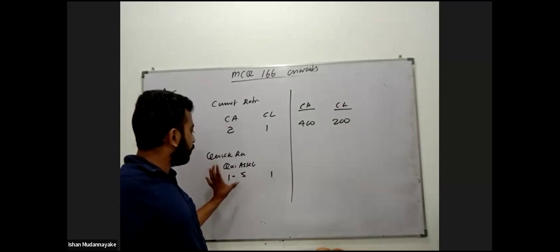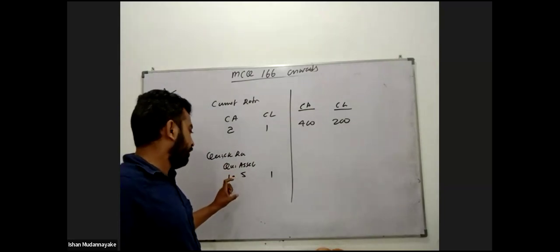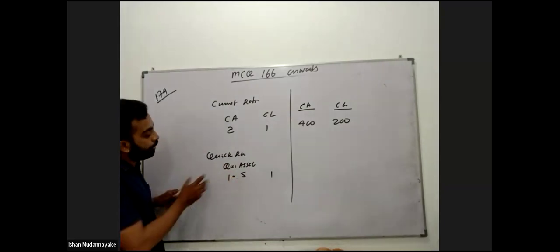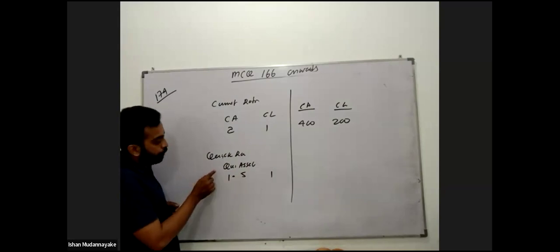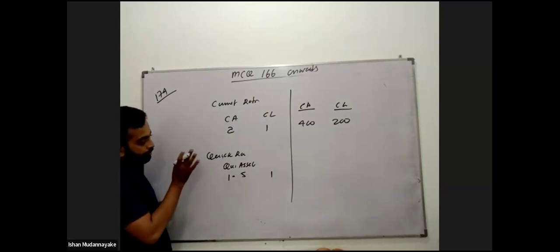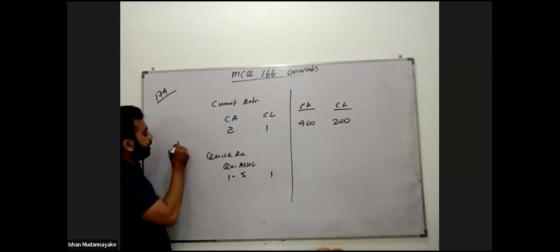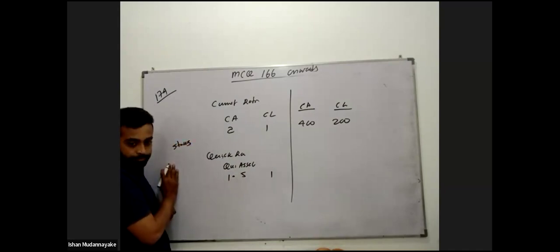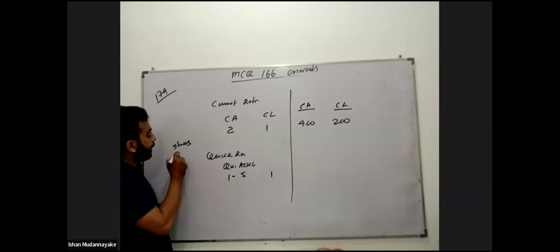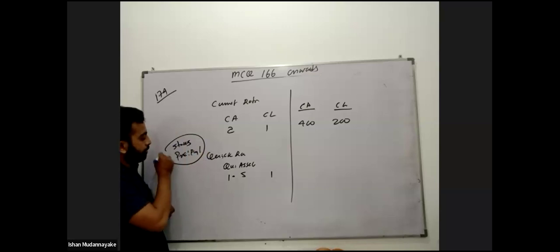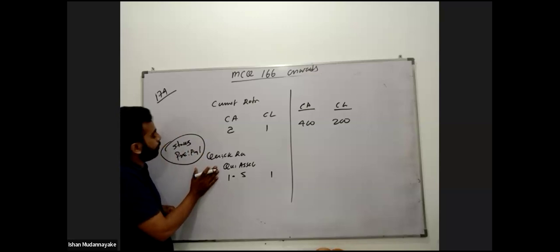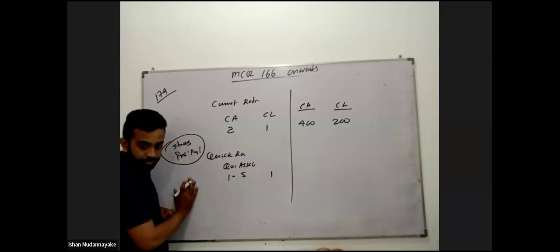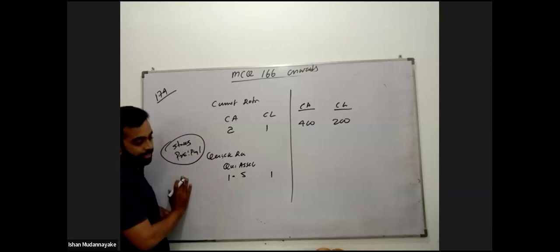Now you need to consider quick assets. How do we calculate quick assets? We calculate quick assets by removing stocks and prepayments.